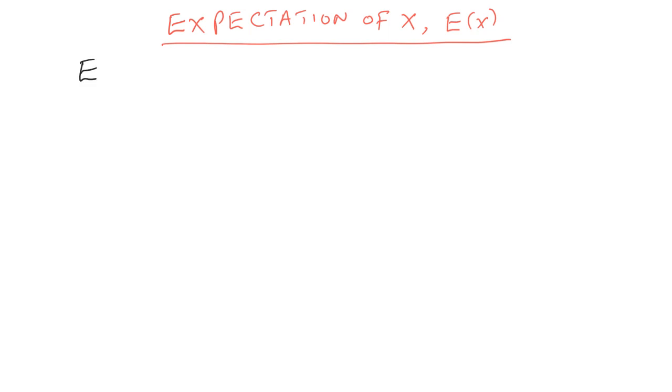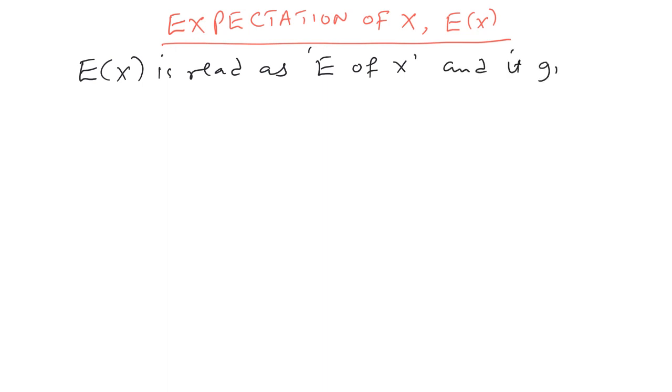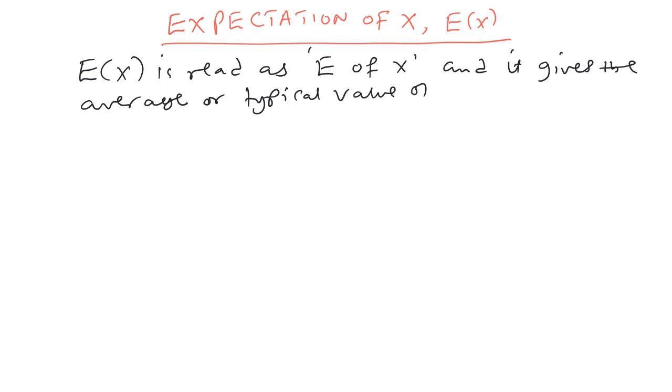E of X is read as E of X, and it gives the average or typical value of X, known as the expected value.